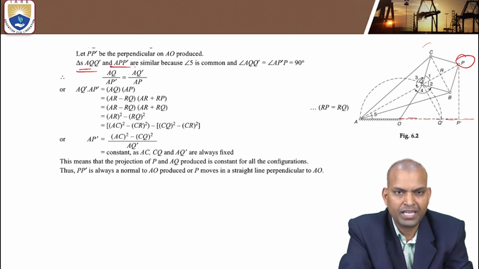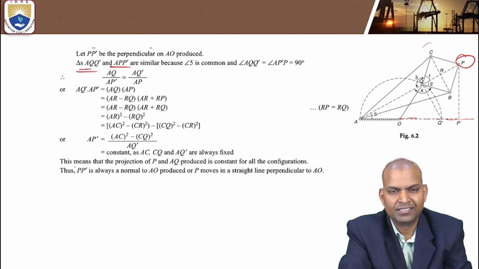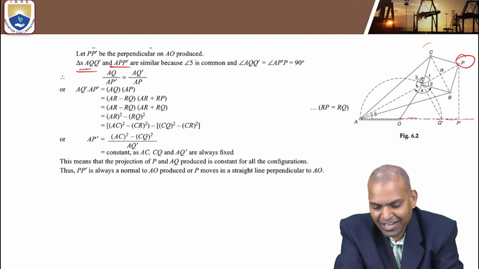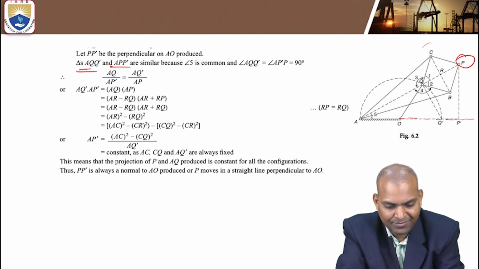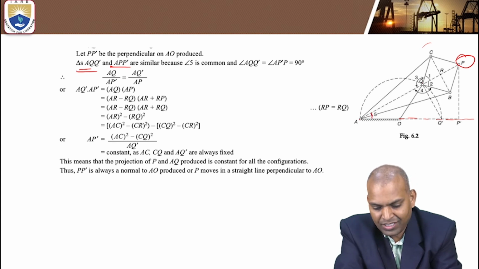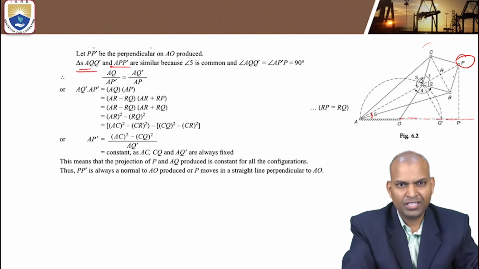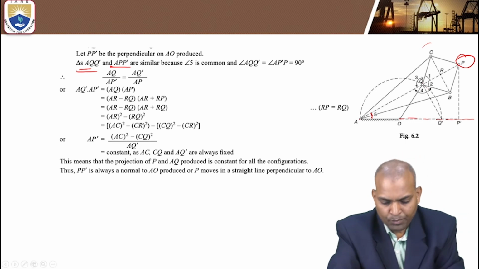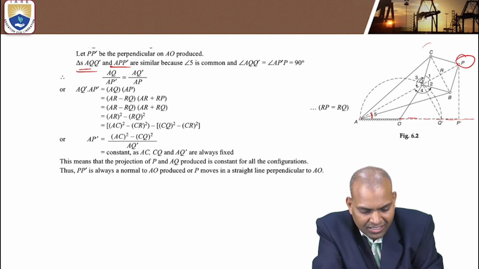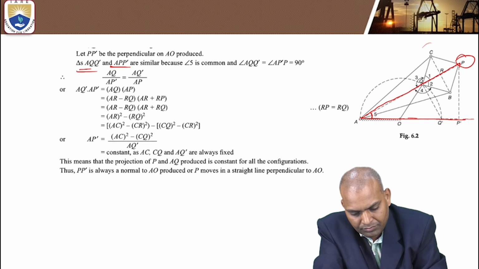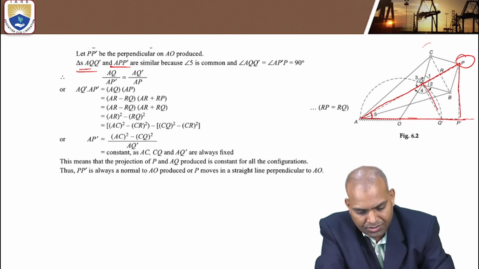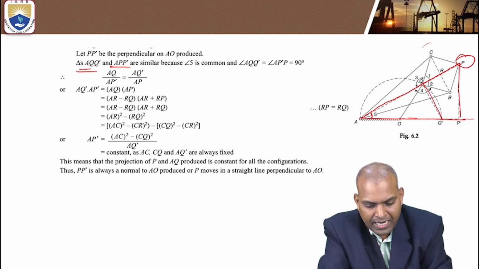AQQ dash and APP dash are similar triangles. Then angle 5 is common to both triangles. What are the triangles here?